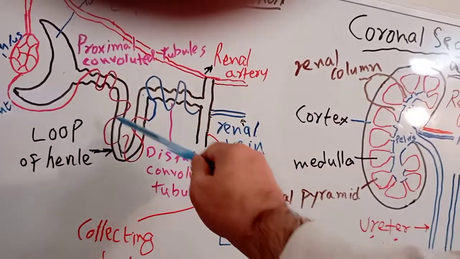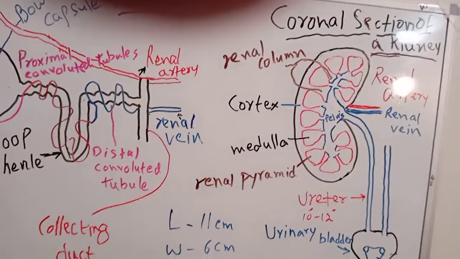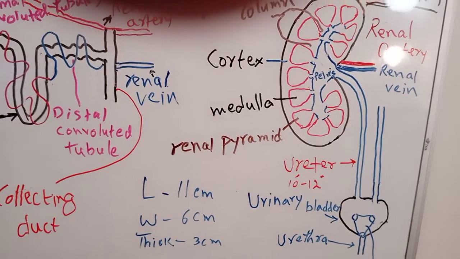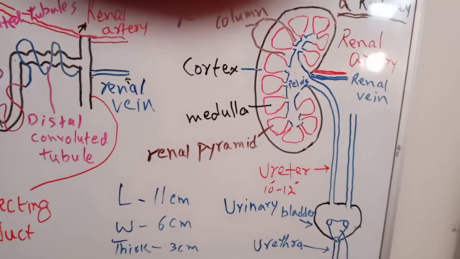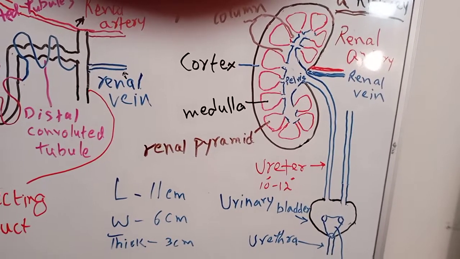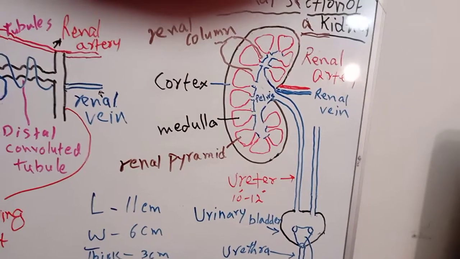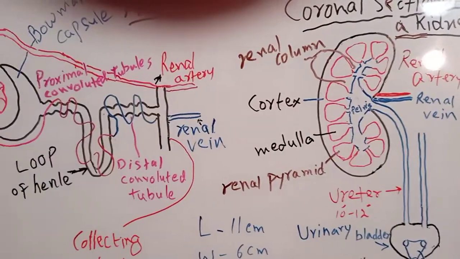As it starts traveling, first the plasma is filtered out that contains the extra water, bicarbonate, sodium chloride, and many other nitrogenous products, mainly nitrogenous product, uric acid. These are dangerous for health if they exceed a certain level.